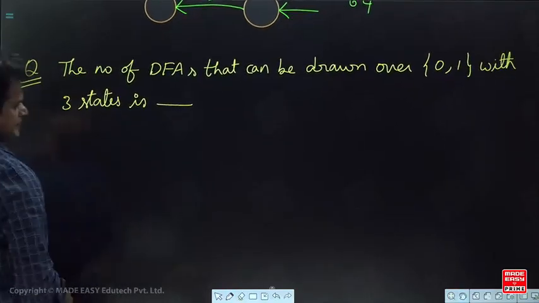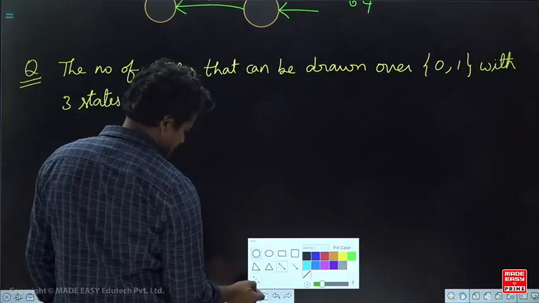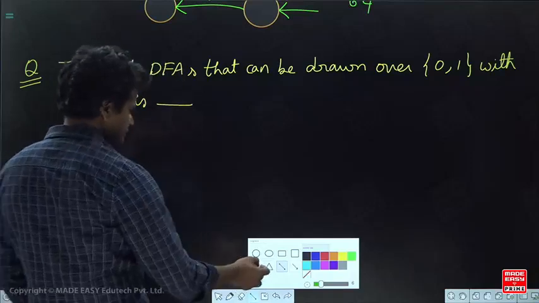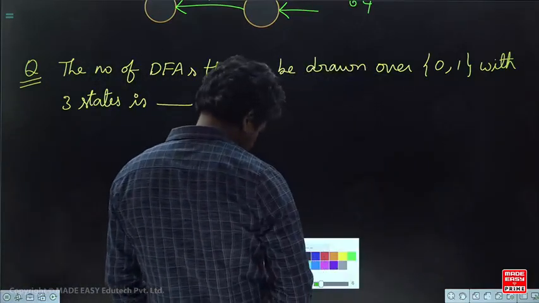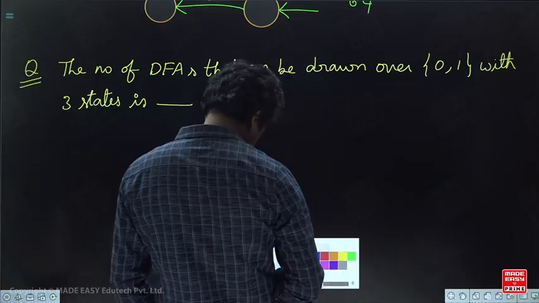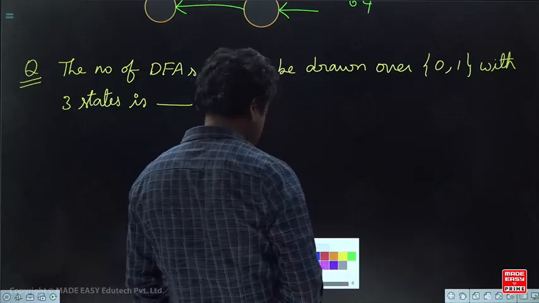Tell me the answer with three states. How is it changed here?